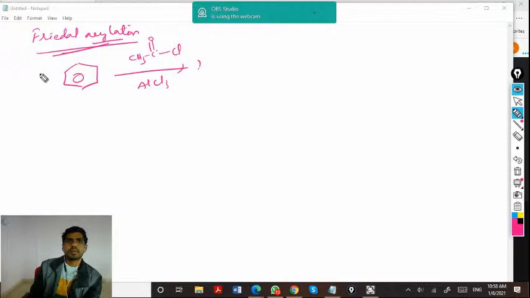What could be the product? It will be acetyl benzene, that is acetophenone. The reaction mechanism will be the same as for all electrophilic substitution reactions, with no change in the mechanism. Only the examples are very important, so try to work out more and more examples.